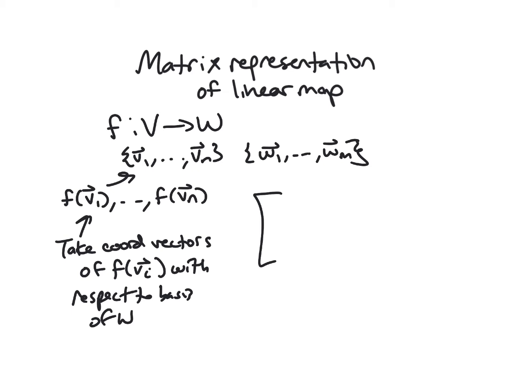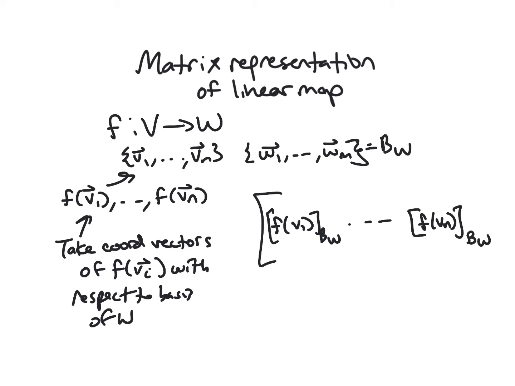So let's call this basis B sub W. Our first column would be the coordinate vector for f of v1 in that basis. And then our nth column finally would be the image of the nth basis vector of V, and take its coordinate vector. Okay, so that's going to be an m by n matrix.